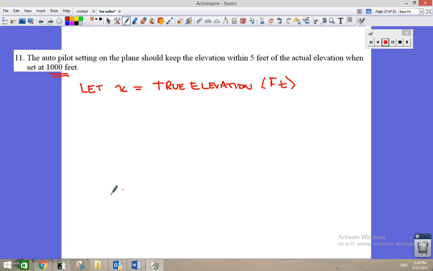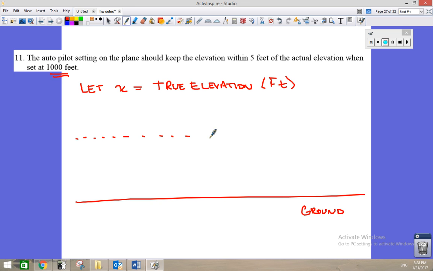So if here's the ground, and you're flying 1,000 feet above the ground and you're on autopilot, you don't want that autopilot to accidentally nosedive and hit the ground.